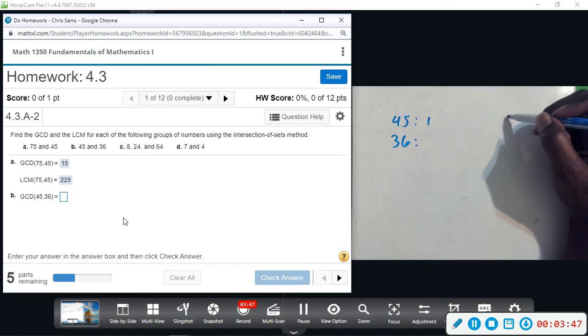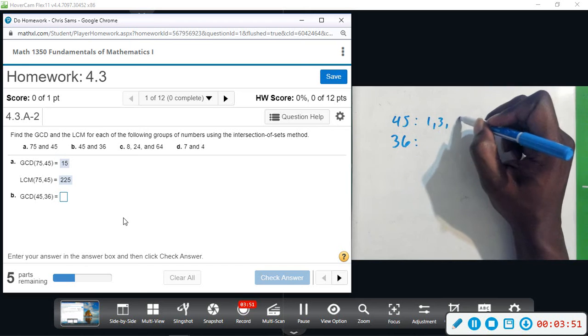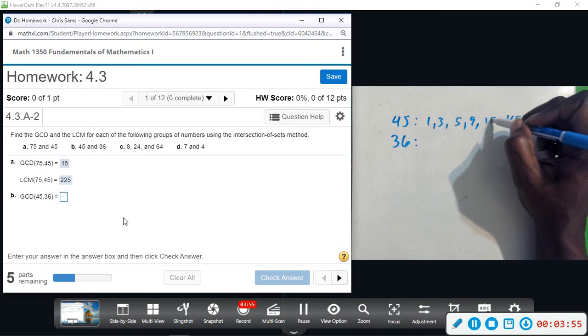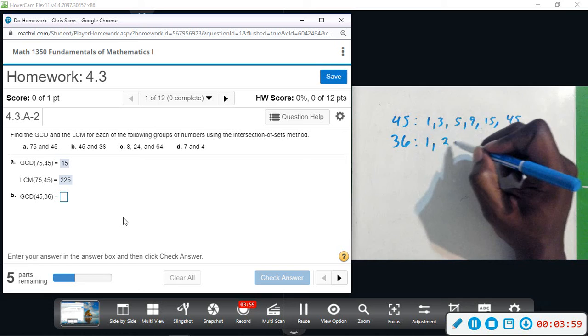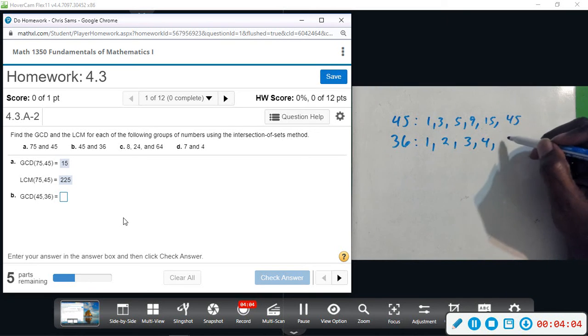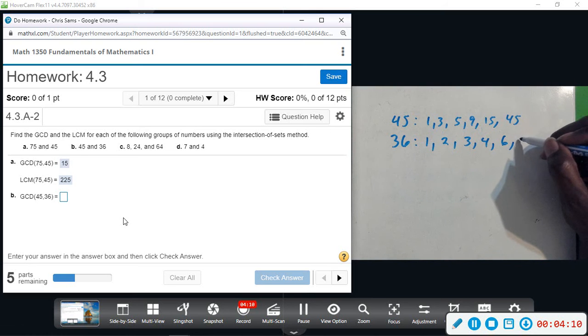We just did this one, so 1 and 45, 3, 5, 9, 15. 36 will give us 1, 2, 3, 4, 6, 9, 12, 18.